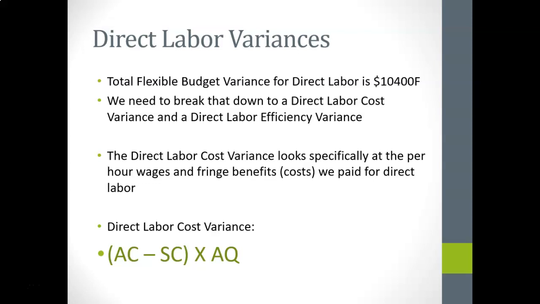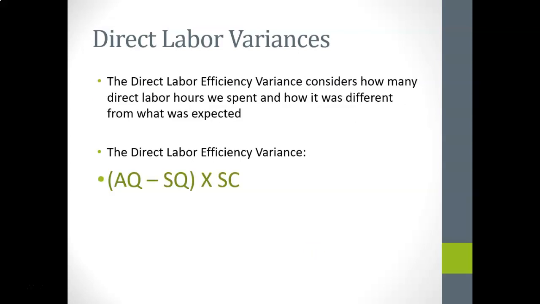And our formula is going to be the exact same formula that we had for direct materials cost variance. The AC minus the SC, the actual cost per unit minus the standard cost per unit, and multiply that difference by the actual quantity. Same formula. All cost variances are that same formula. Then we have the efficiency variance.